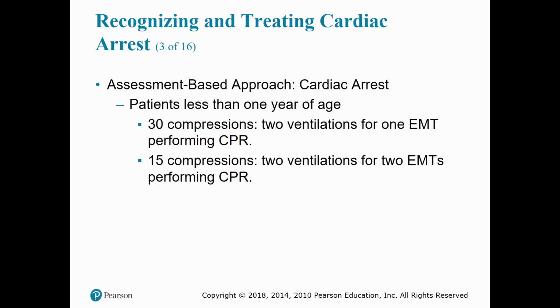So you're going to take more time trying to do that, as opposed to when you have 2 people there, one doing good compressions and the other one focused only on creating a good seal and doing ventilation. So that's where your differences come in when you have 2, the 30 to 2 versus the 15 to 2.